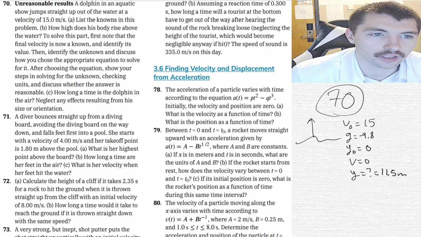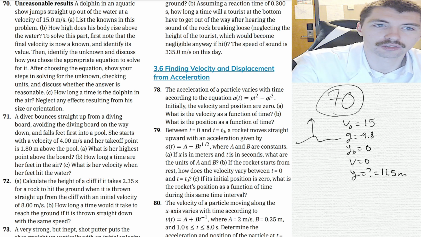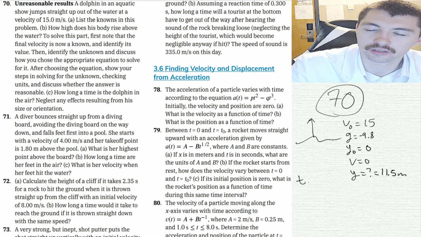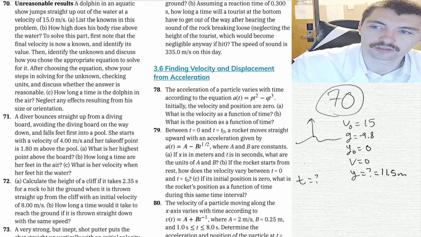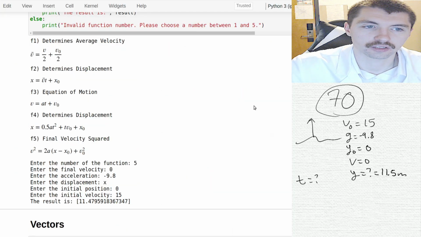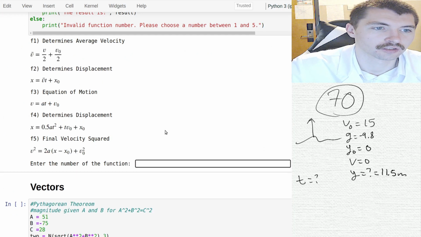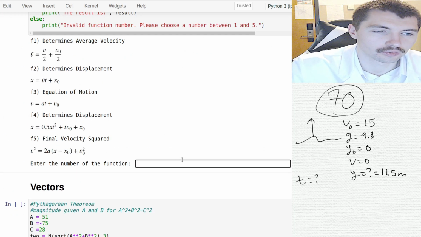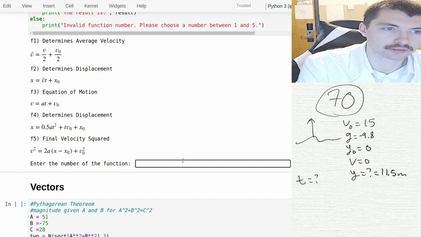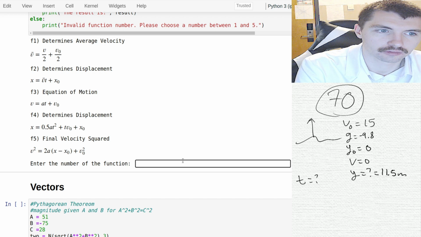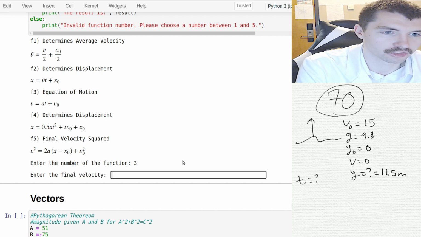Okay, so how long is the dolphin in the air? Now I want to know T. Okay, how long is the time in the air? So try equation 3.